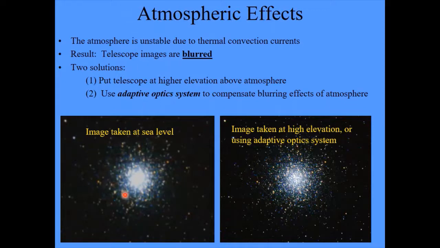So at sea level, an image like this might be typical due to the poor seeing effects of the air. But if you get up in the mountains in high elevation, you're basically above a lot of that thick shimmering air, and the image is much clearer.